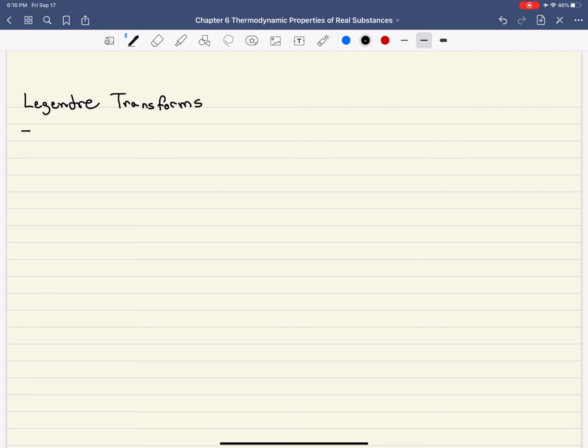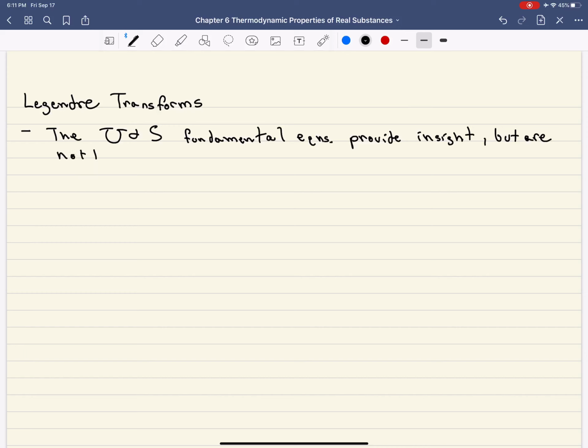Okay, so the U and S fundamental equations provide insight but are not the most appropriate equations to use for a given system.